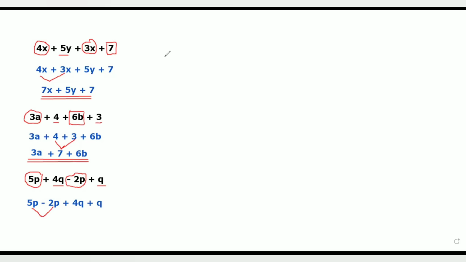There are 5 p's, and we need to subtract 2 from them. Right? 5 p's, subtract 2, and we are left with 3p. Right? 3p. Next we have 4q plus q. There are 4 q's, and there is one more q. So it will be 4q plus q, it will be plus 5q. So this is the simplified answer for 5p plus 4q minus 2p plus q.